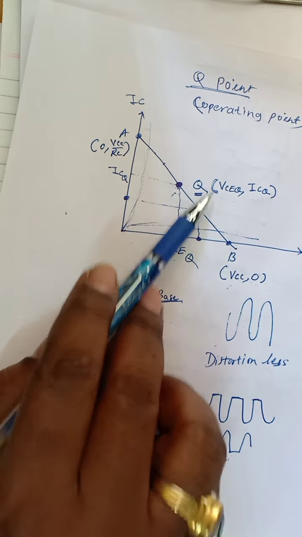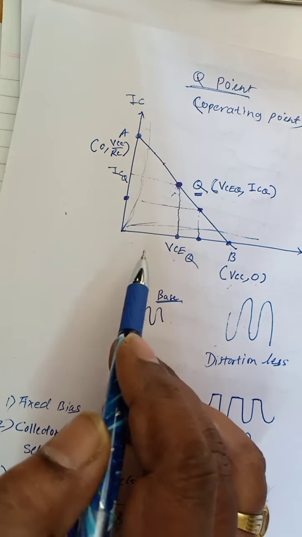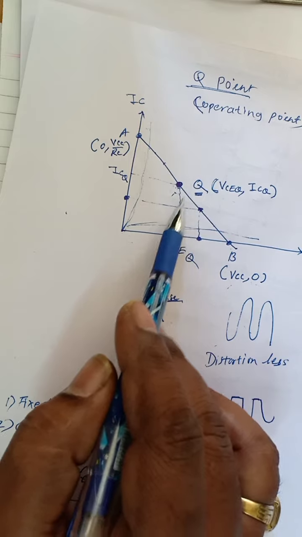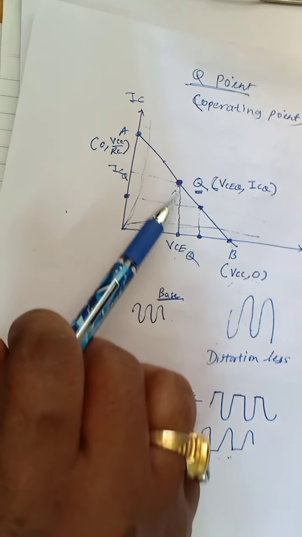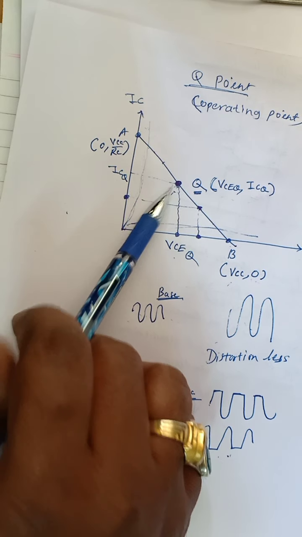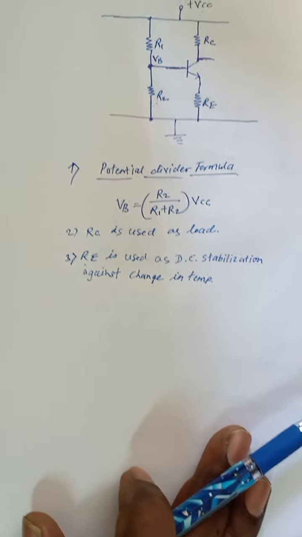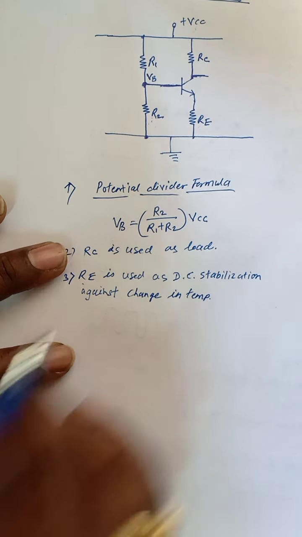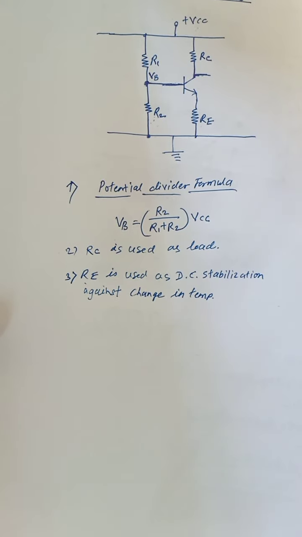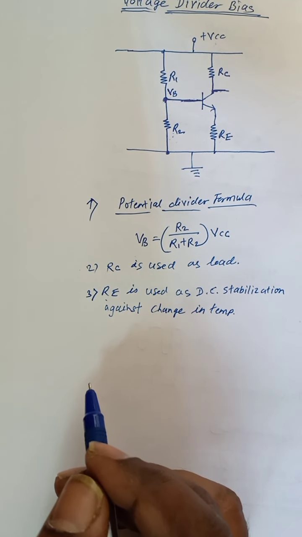This increase and decrease happens because of change in temperature. This change is stabilized by the RE, and the Q point should be maintained at the center of the DC load line. Let us see the sequence.